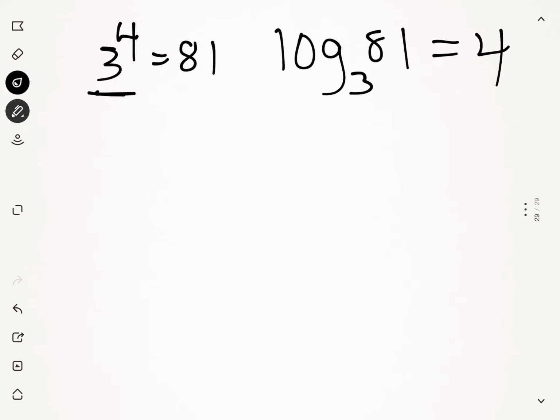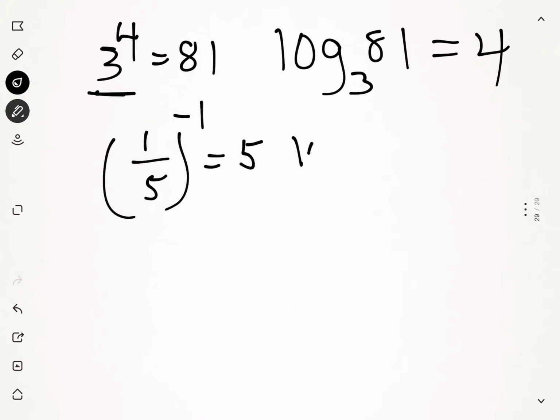What about this one? 1/5 to the minus 1 equals 5. So my base in this case is going to be 1/5.